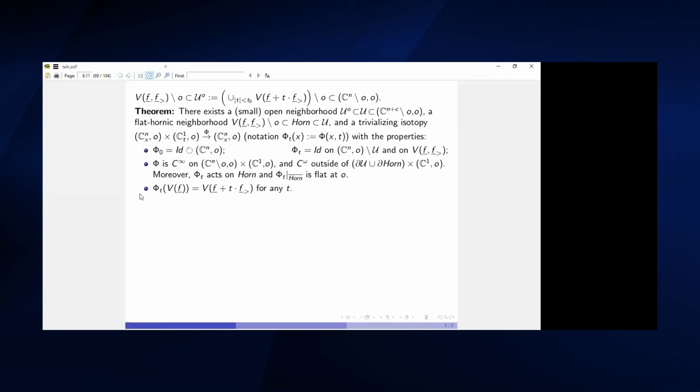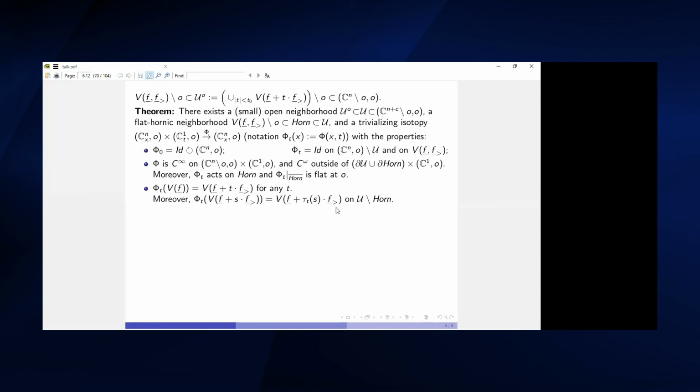Now, phi t does its job. It moves the central member to the member at time t for any t. Moreover, it does something much better. It moves every member of the family to some other member of the family. We start from some time s, and here is some other time.